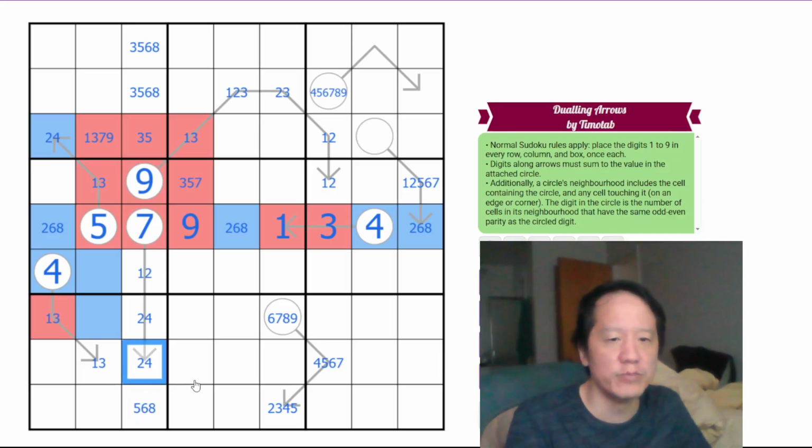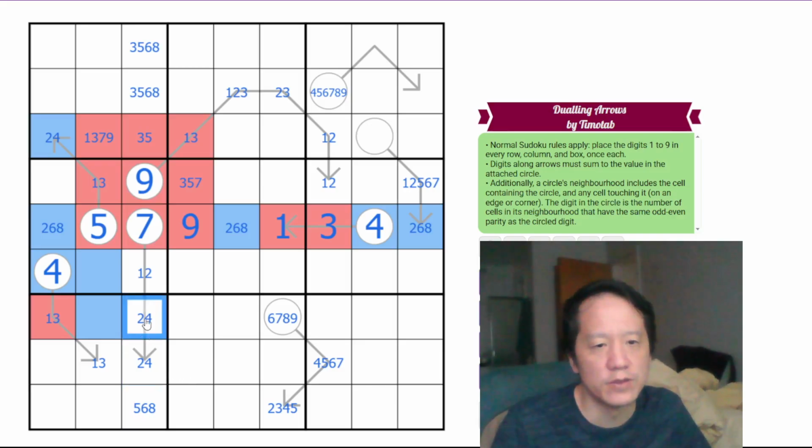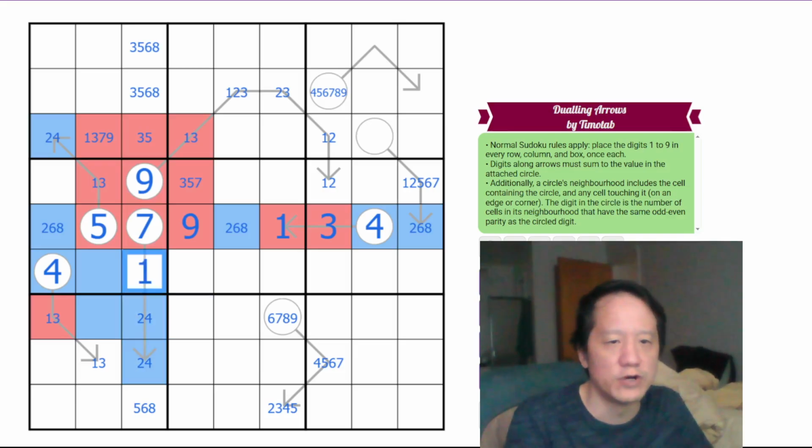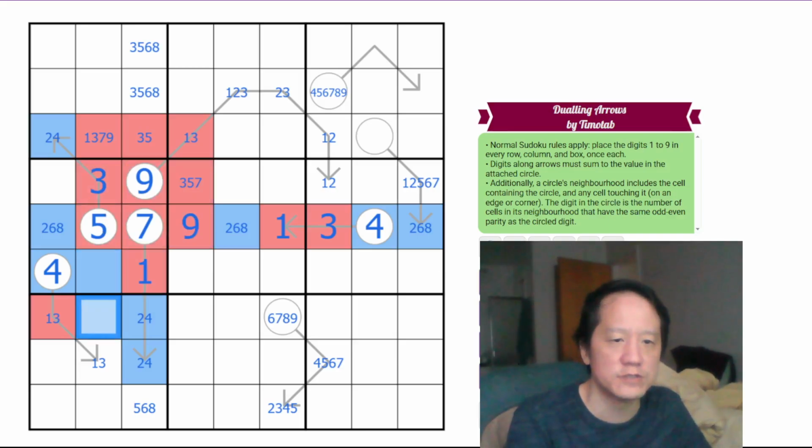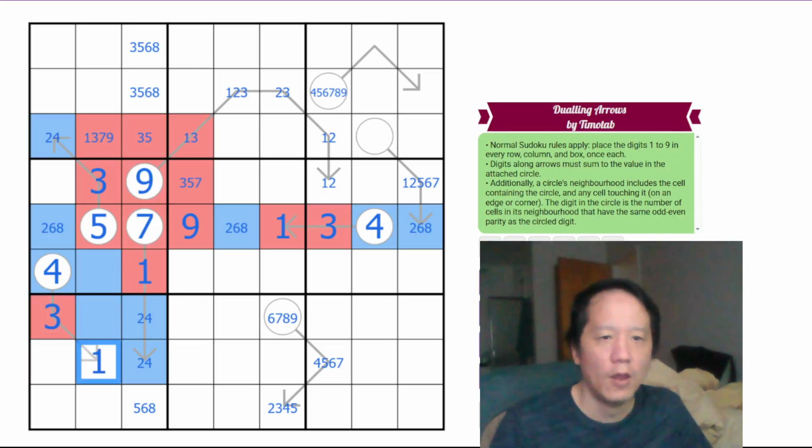This can't be 3 because of the 1-3 pair in the box. So these are both even because we have a 2-4 pair, which means this can't be 2. It's 1 and is odd. This 1 means this can't be 1, so this is 3, which makes this 1 here, 3 here.